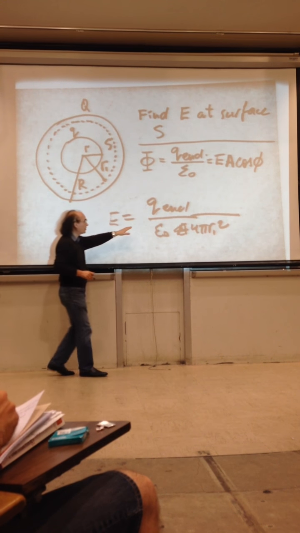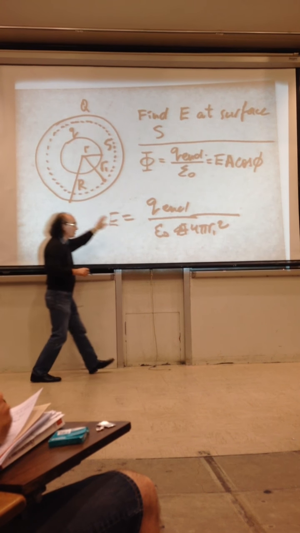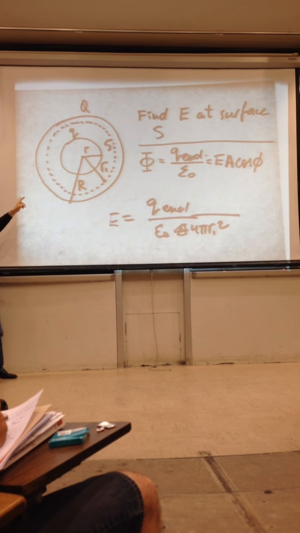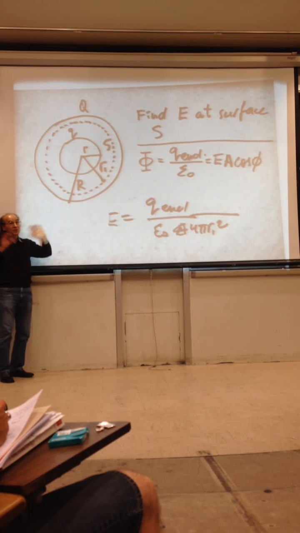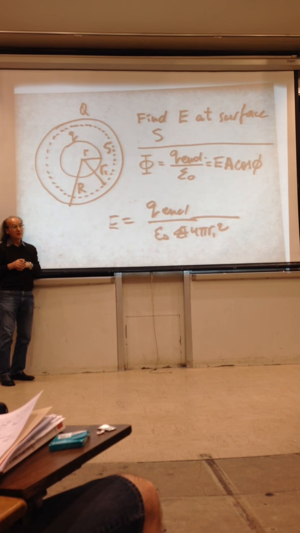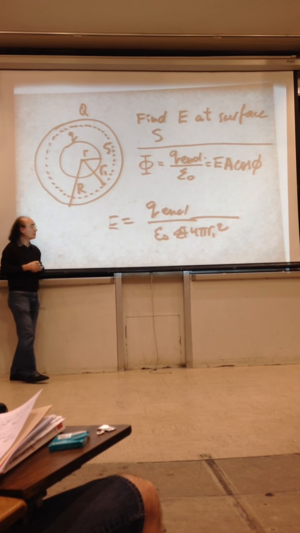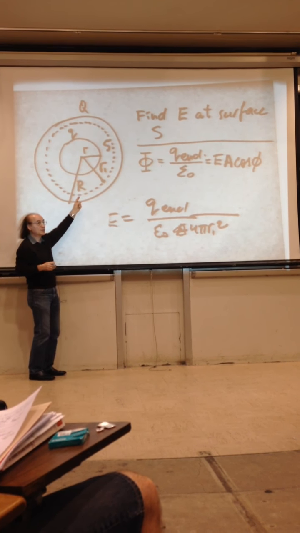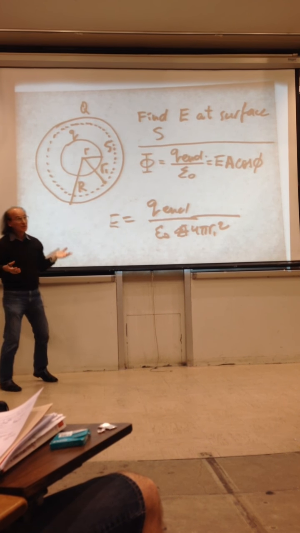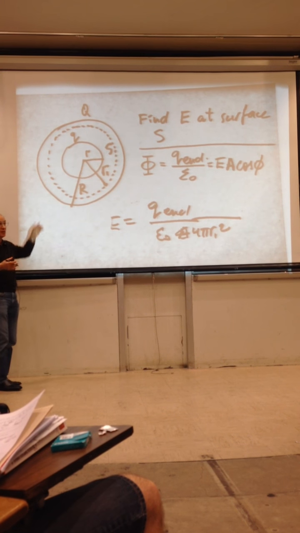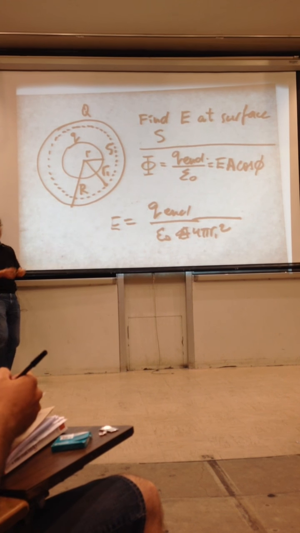So what is the enclosed charge? Basically, the capital Q does not play any role. The whole field is determined by the enclosed charge. For this dashed sphere, the total enclosed charge is that lowercase q, which is on the smaller surface.